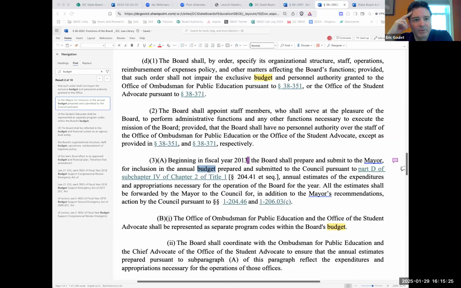Typically we have because we want to be team players in the process, but I don't know that it's required or not. But what this says is that we have to also submit what we feel is necessary for us to function. So if we received a mark that we didn't feel was necessary for the operation of the board, we would then have to also submit what we do believe is necessary under the statute. So I think this is written well here.